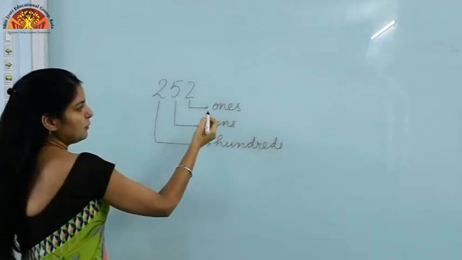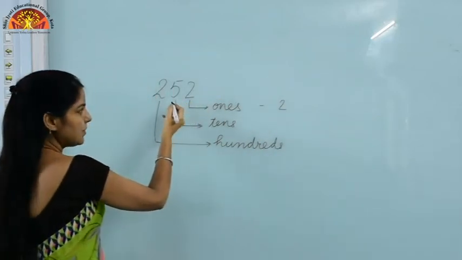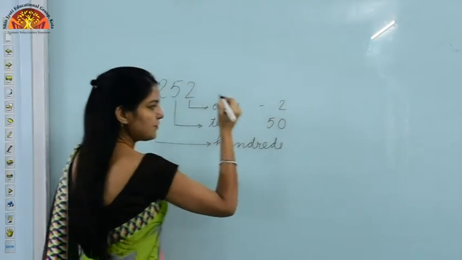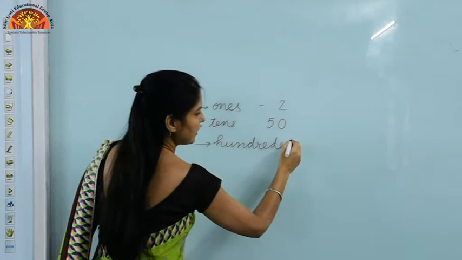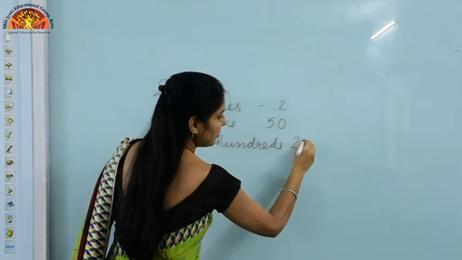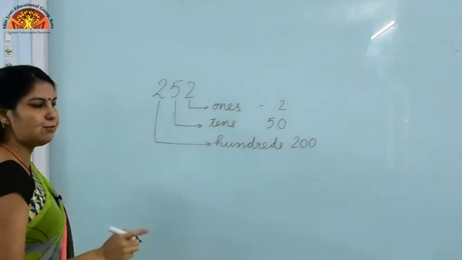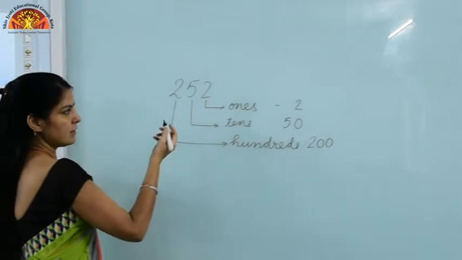So the place value of 2 is 2, the place value of 5 is 50, 5 tens means 50, and the place value of 2 is 200.